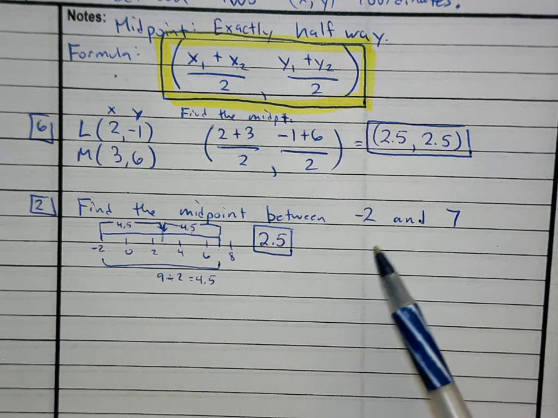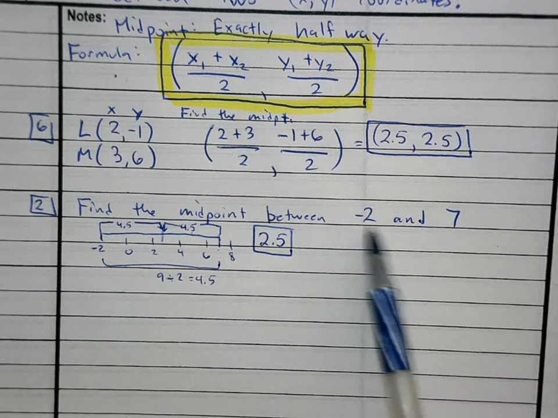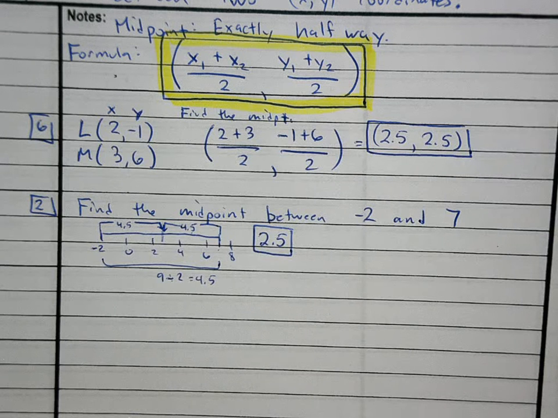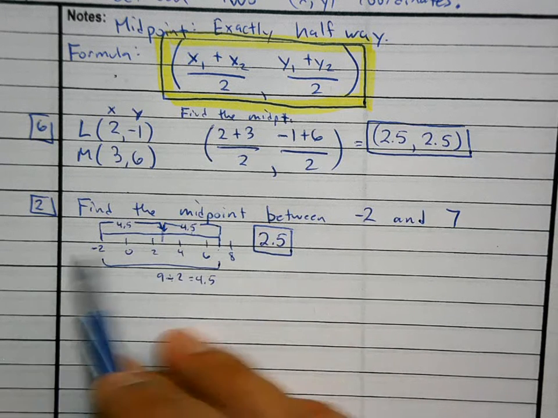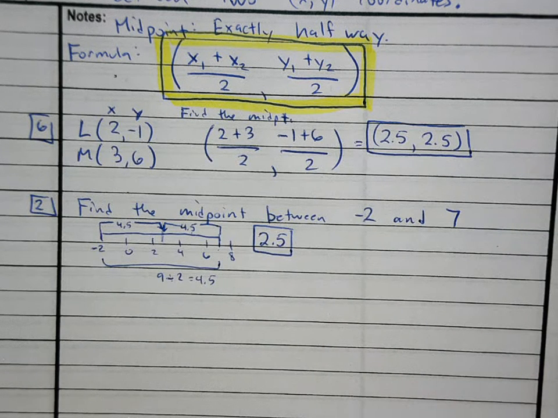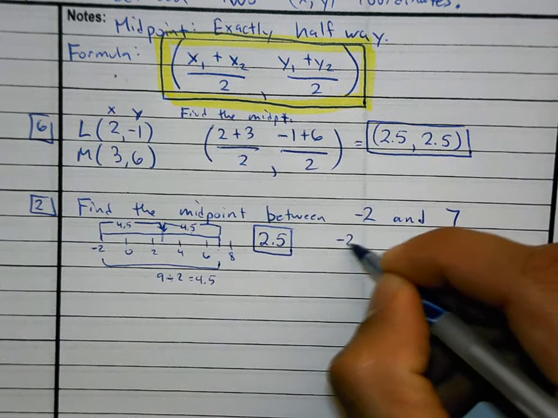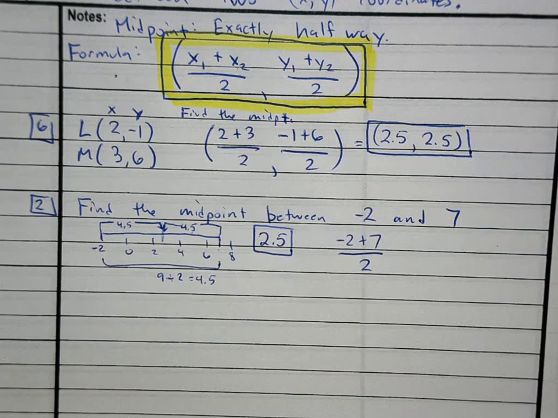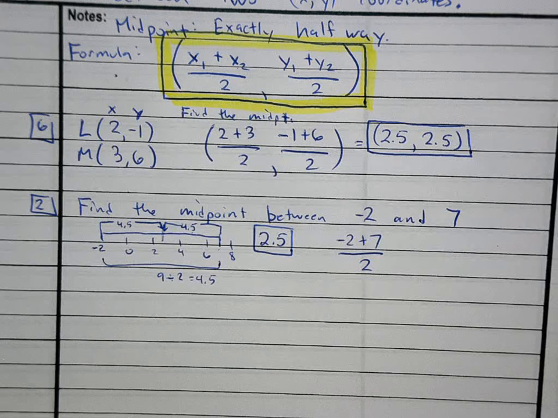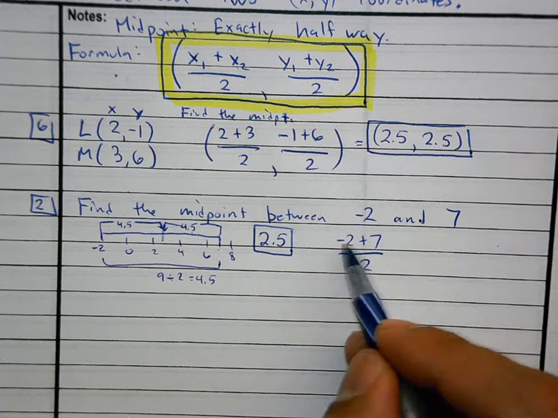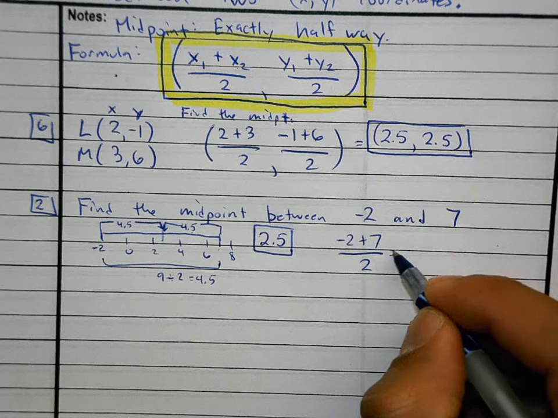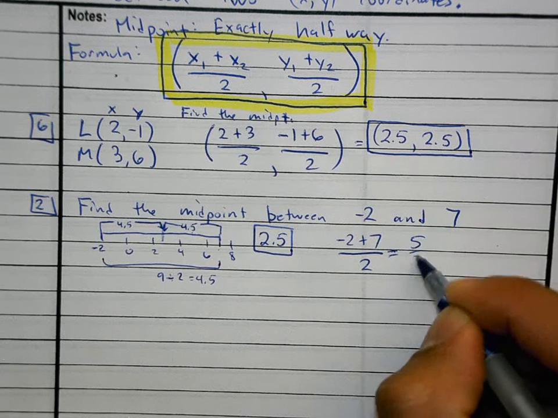You might think, wait, which one's x, which one's y? Well, think of both of them as x's, because this is on my x-axis if I think about it as a number line, okay? I could do -2 plus 7 divided by 2, and I would have gotten the same exact answer. What is -2 plus 7? Let's do the top. 5 divided by 2.